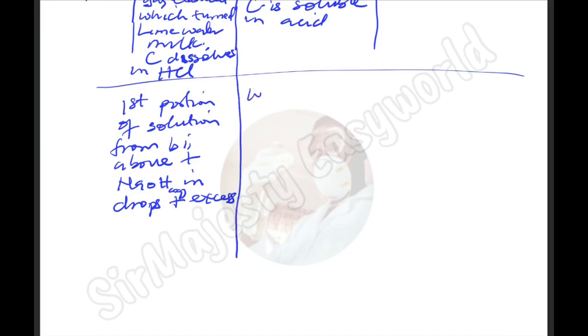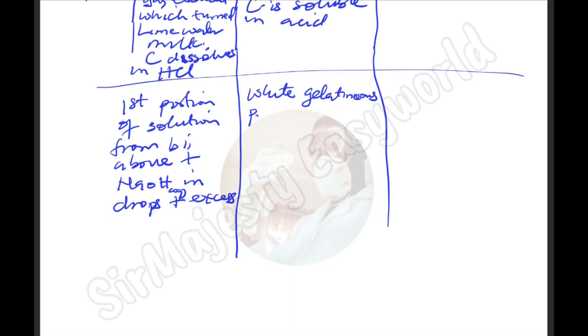What should be your observation? White gelatinous precipitate.